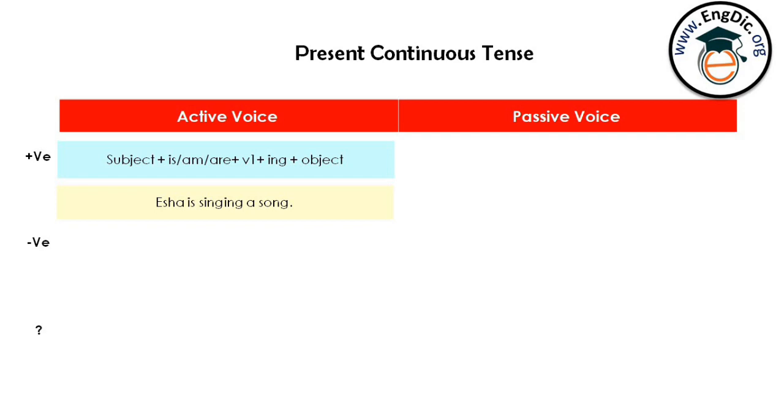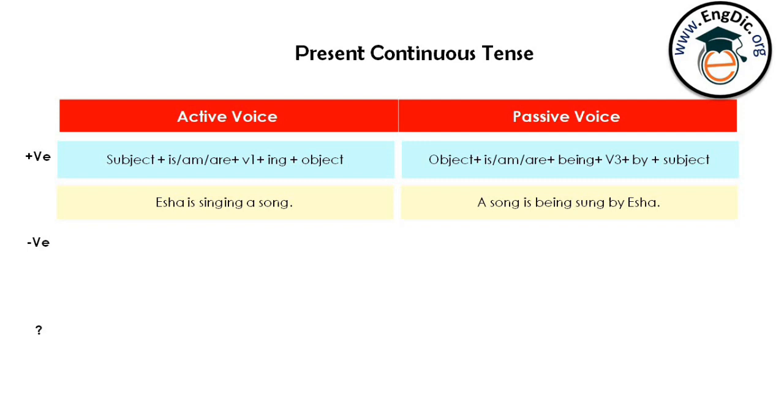Isha is singing a song is the active voice of present continuous tense, and the passive voice will be: object, is, am, are, being, third form of verb, by, and subject. A song is being sung by Isha.